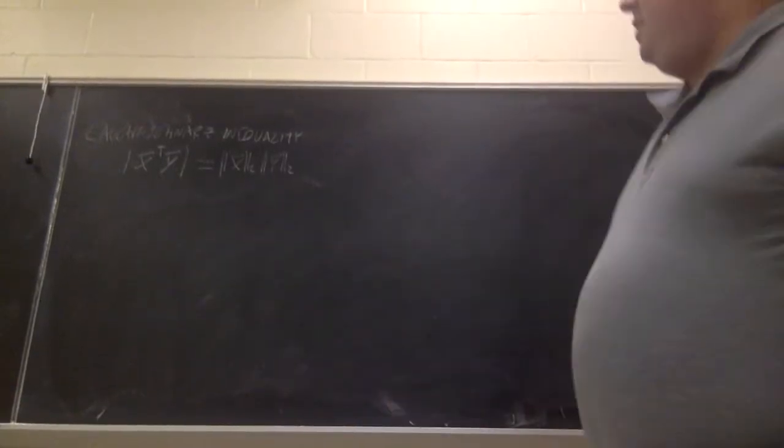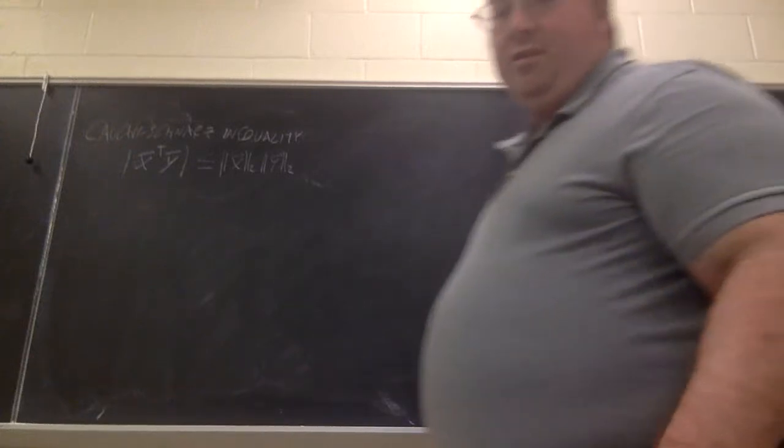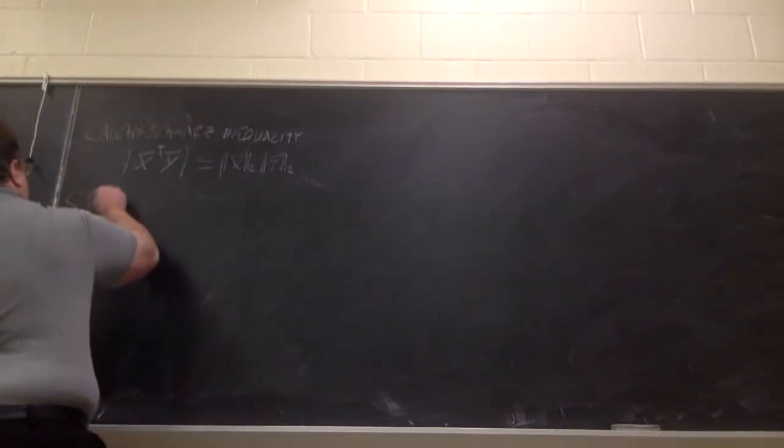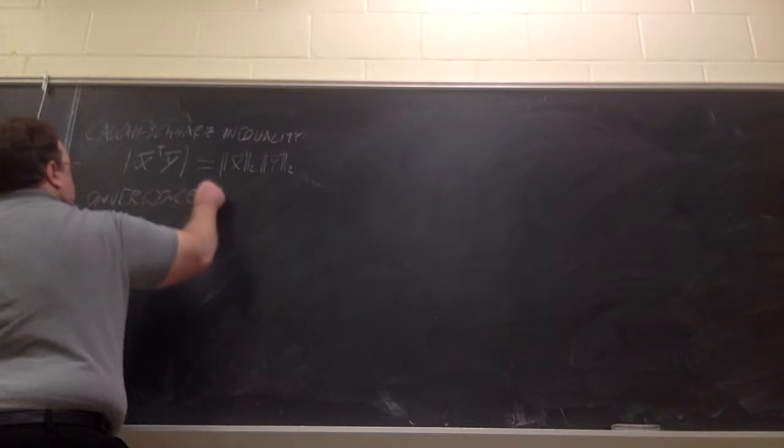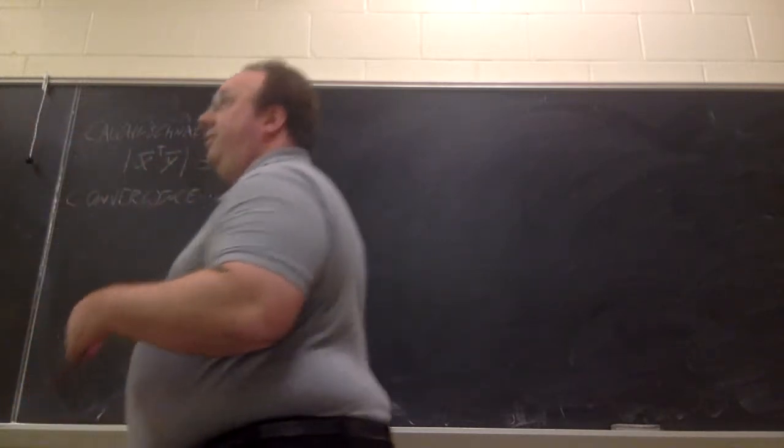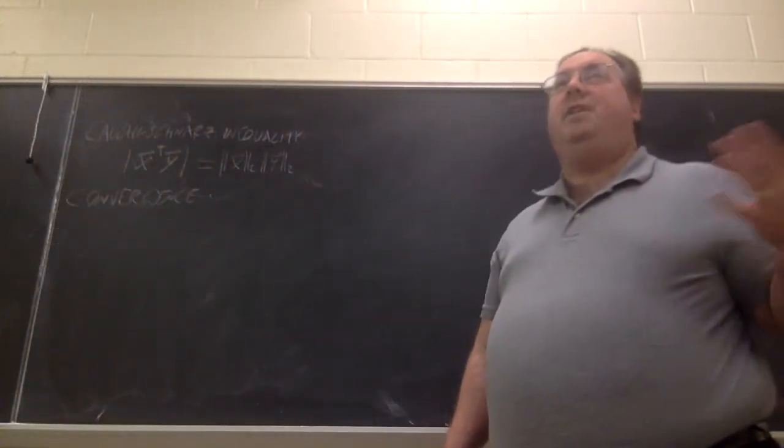The other thing I want to mention about vector norms is they give us a way to define convergence of a sequence of vectors, so limits of vectors in terms of limits of numbers.